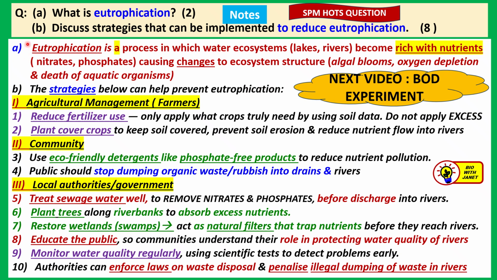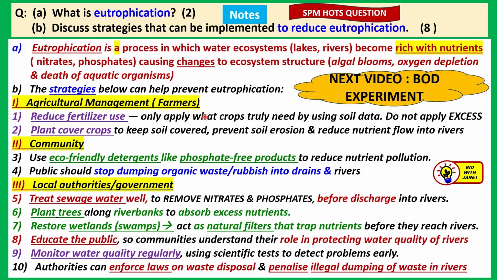So A, what's the meaning of eutrophication? It is a process in which water ecosystems such as lakes and rivers become rich with nutrients such as nitrates and phosphates, causing changes to the ecosystem structure, such as algal blooms, dissolved oxygen depletion, and death of aquatic organisms.